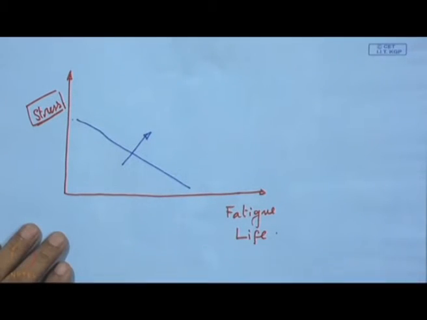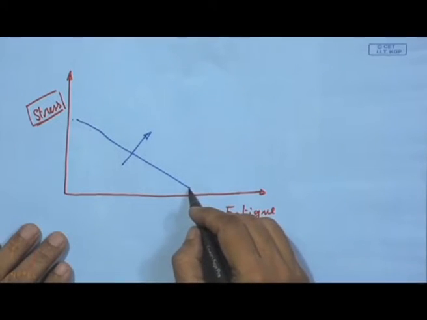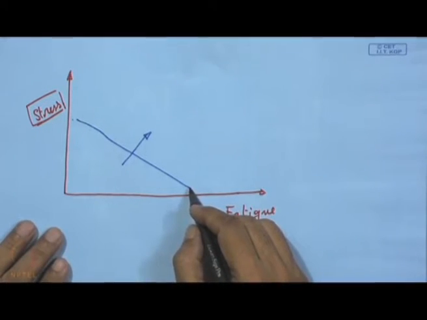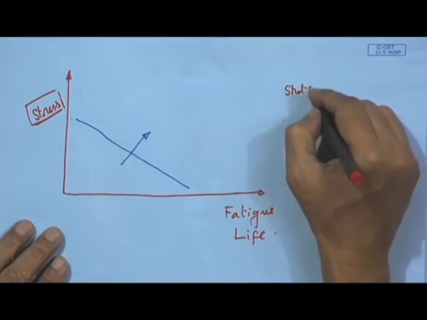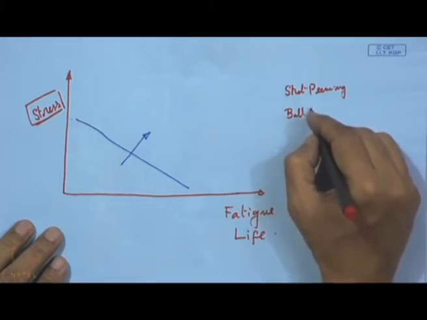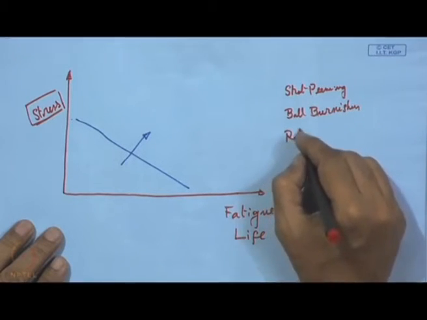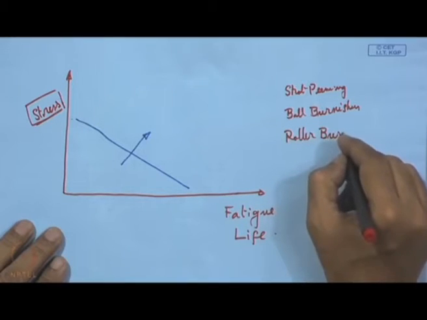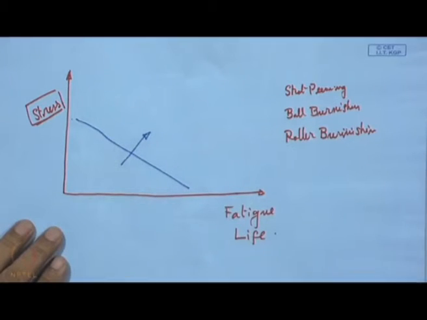So, what we can see when we just mill or turn or grind a sample, maybe this is one situation, but when this process is followed by say shot peening or ball burnishing or roller burnishing, the whole idea here is that we like to see this curve shift in this direction.